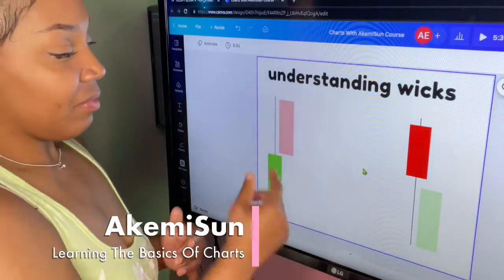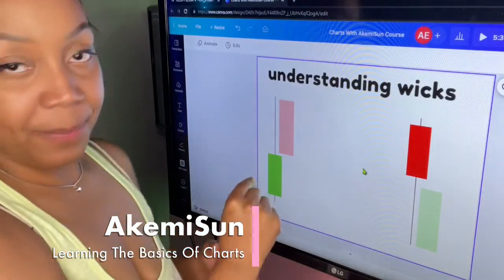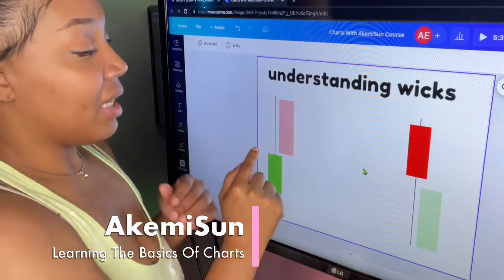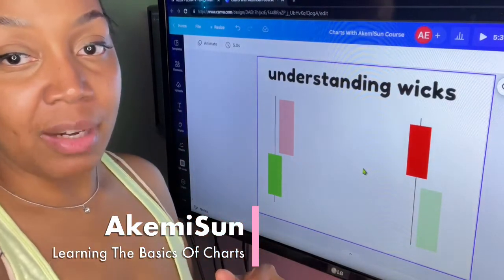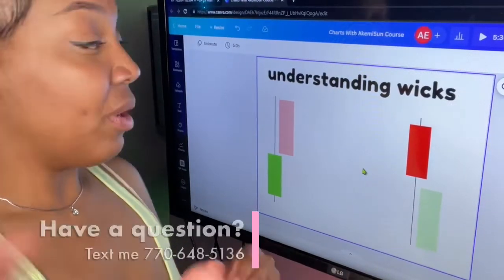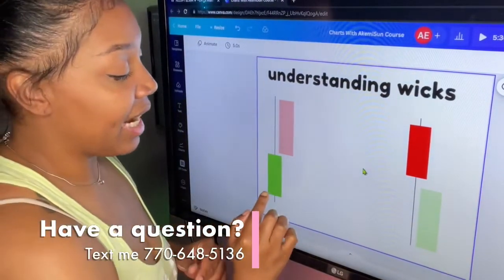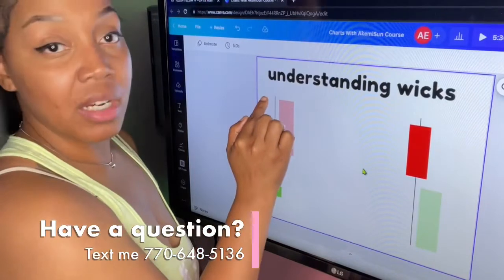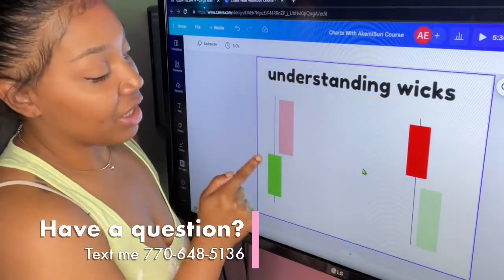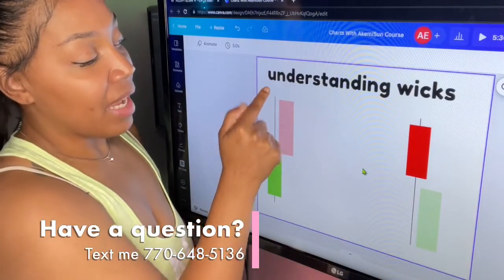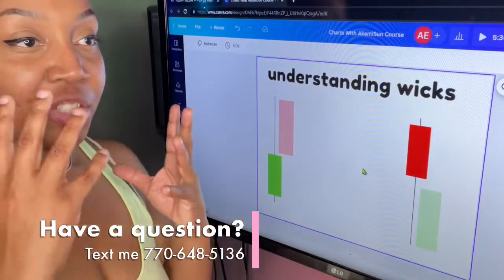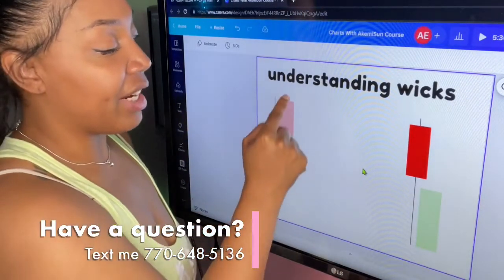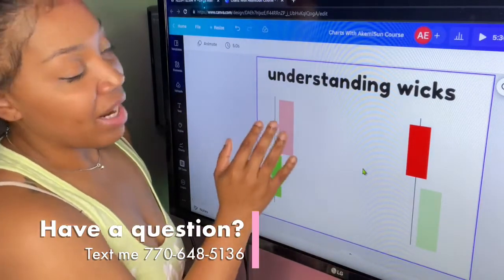Now, when you see a wick like this, it automatically tells you a story. What it's saying is that the candle shot all the way up to the top, and it ended up shooting all the way down. So you have to picture this red imaginary candle right next to that wick.